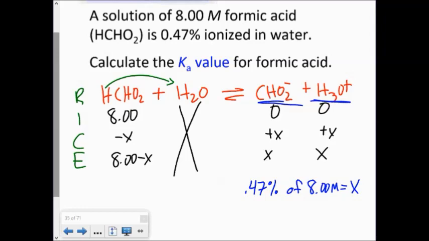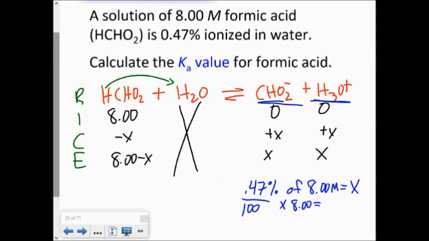And how do you do that? Alright, so yes, you could divide this by 100, you know, and then what? Multiply it? And what does our x value get to be?